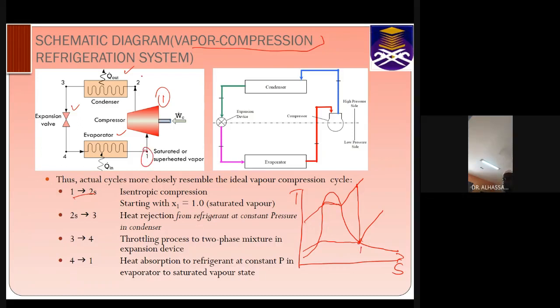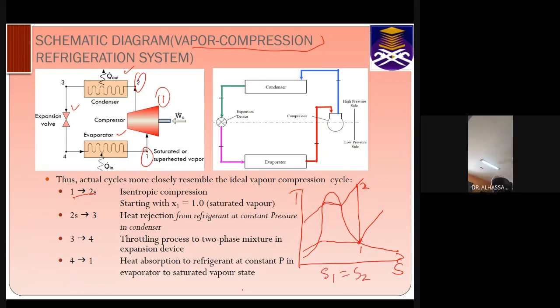State 1 to 2 is what we call isentropic compression. So the word isentropic, I think I have explained last time. When we say isentropic, it means constant entropy. You understand? So when a system is undergoing a change of state from state 1 to state 2, in which the entropies between the two states are the same, then we say the process is isentropic, because S1 is the same as S2.